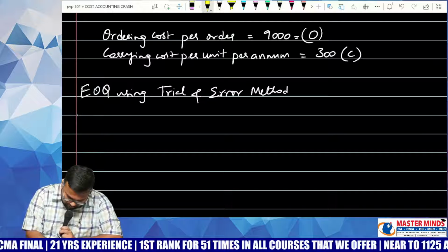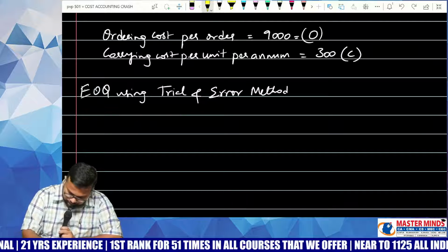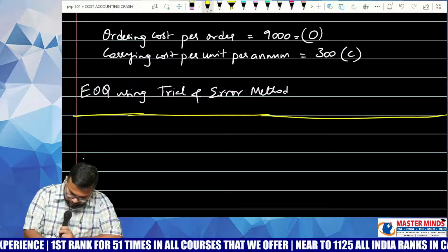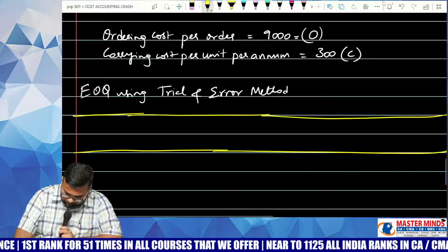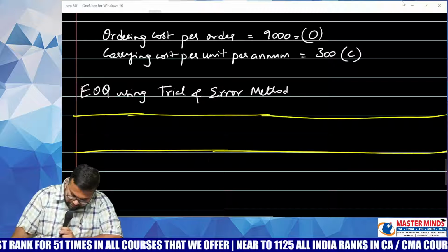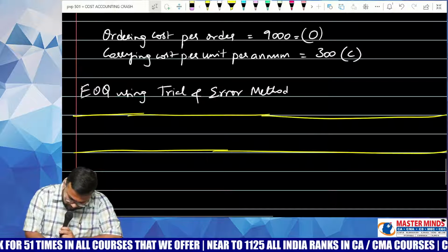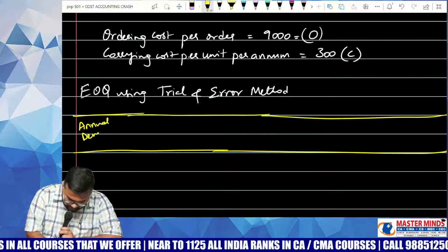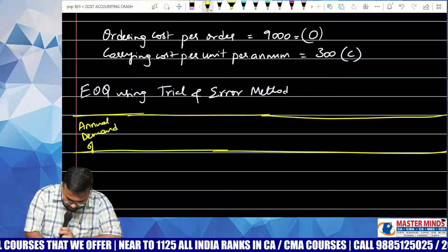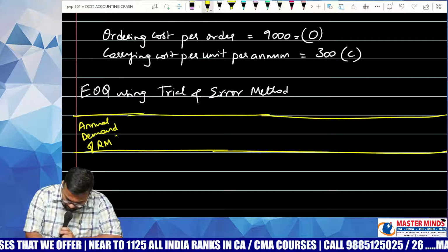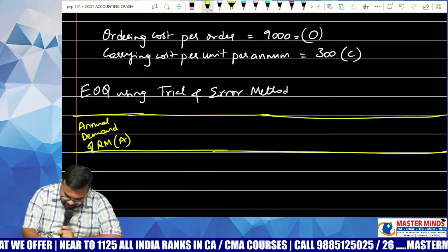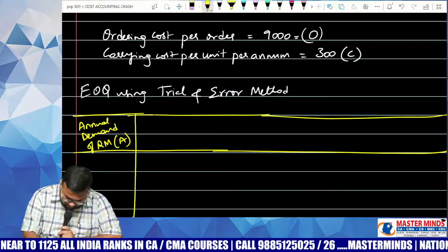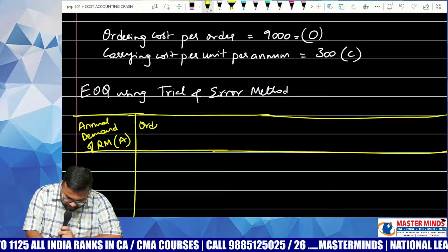So columns. The first one is annual demand of raw material, which is represented with capital letter A. Next one will be order size.